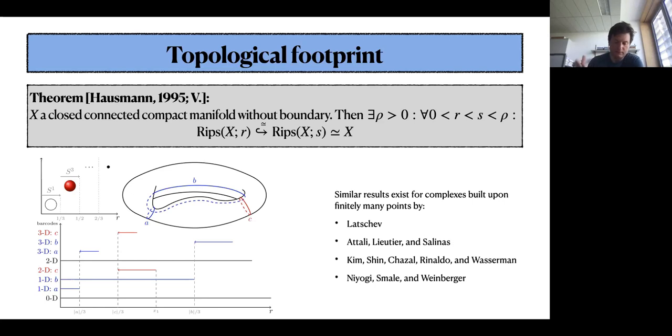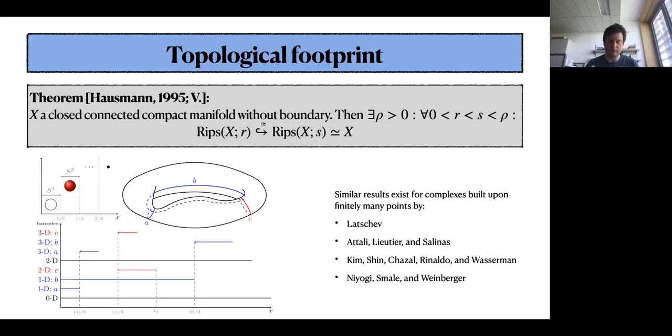The result is the same, but the proof techniques are sometimes different. So for small r's, at least for nice spaces, we know precisely what we get.